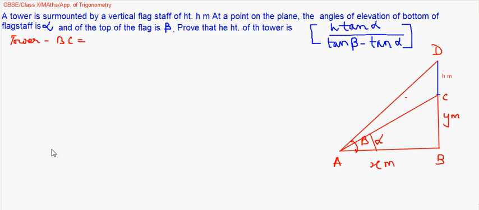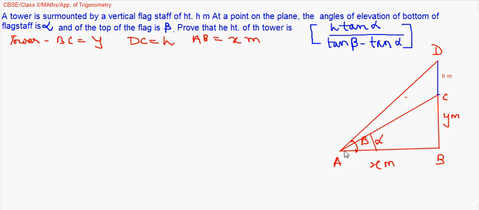So the tower BC is given by Y meter, and the flagstaff, that is already I have written to be H as in the question, and we have to find the height of the tower, that is BC, and I'm taking AB as X meter.